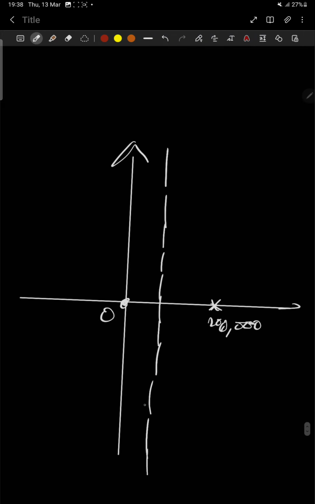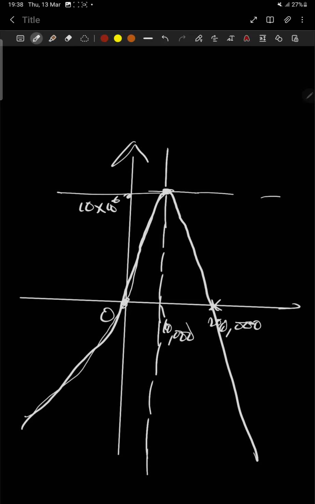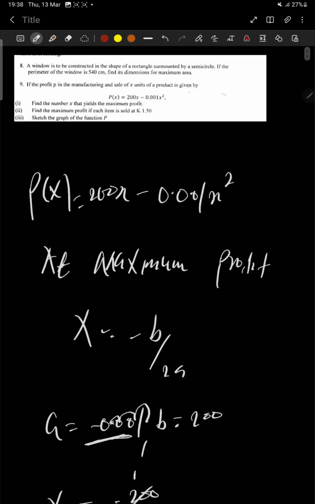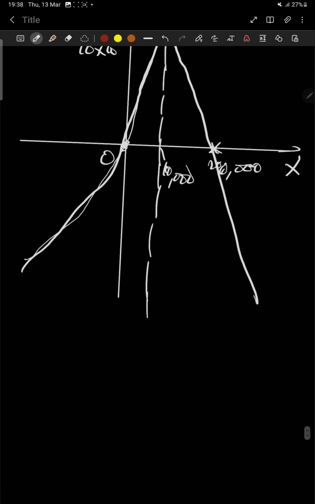Then our 10 million is somewhere here, 10 times 10 to the power 6. So this is our turning point. Our graph will be like this, and it will turn here, and it will come and cut there. That is our graph. This is y and this is x. That's how we go about these sketching questions.